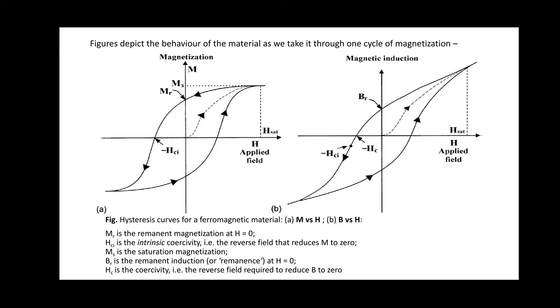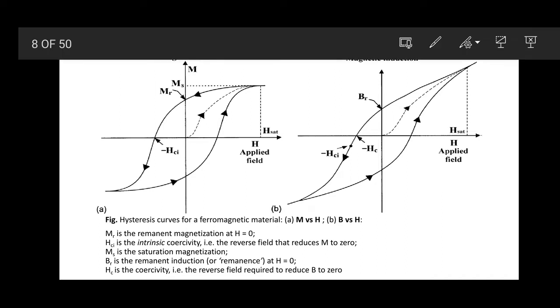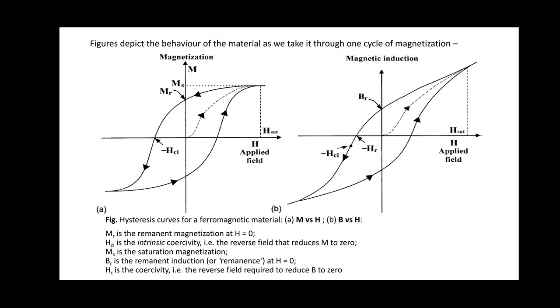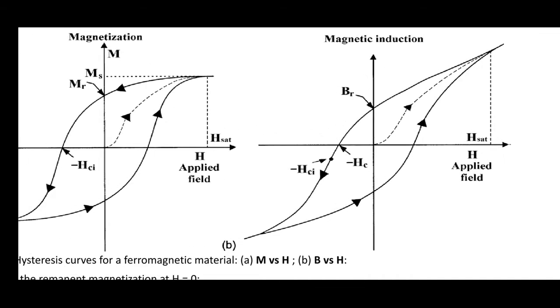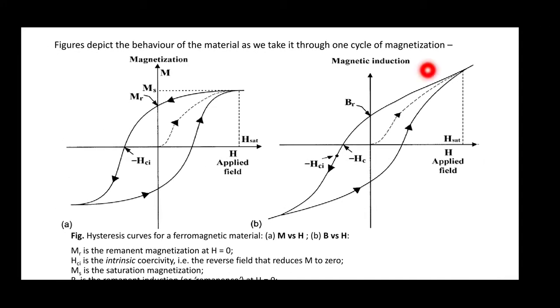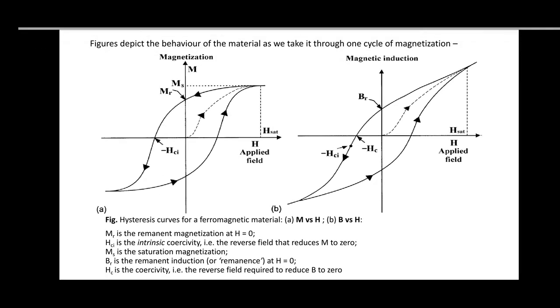In the magnetic induction curve, although we might expect a saturation point, there is no saturation point. This is the misconception which I will cover ahead. When the applied field becomes zero, the material has this much magnetic induction, and we decrease.